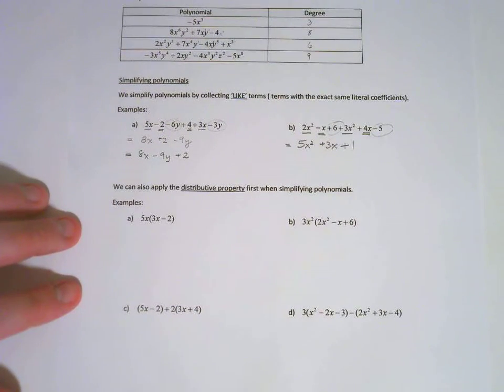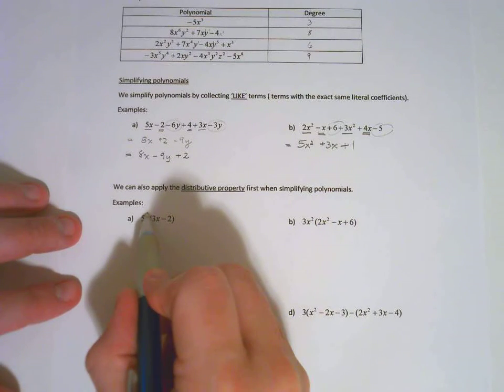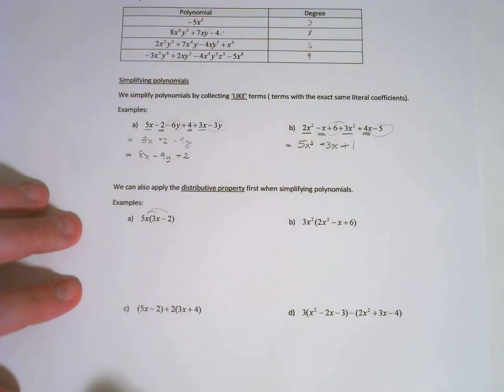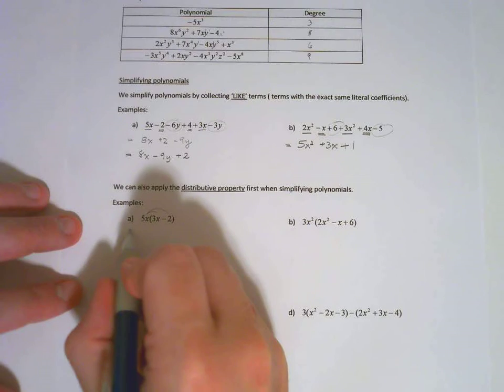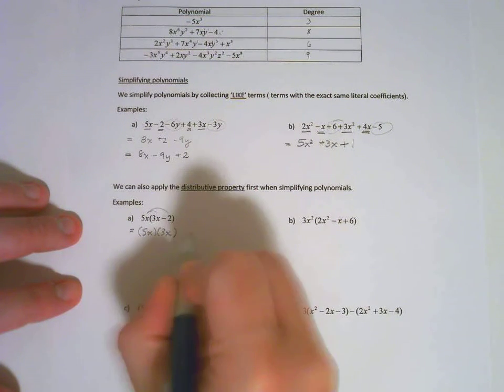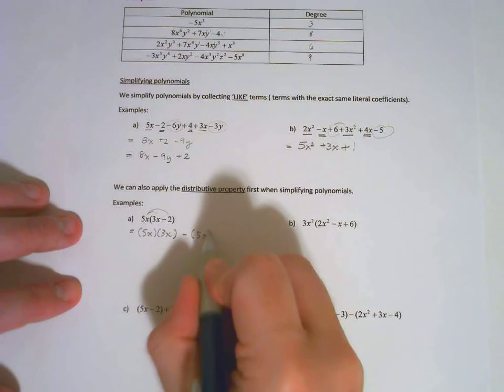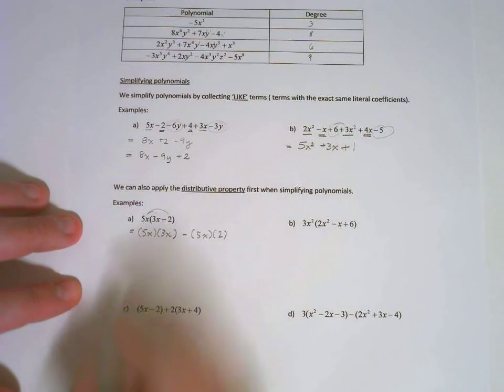Okay, also with simplifying polynomials, we could try to distribute some stuff, and this is going to use some of the exponent rules. So here I've got a monomial and a binomial, which means the monomial distributes to the binomial. So this is going to be a 5x times 3x minus, that's the sign that's there, a 5x times 2.